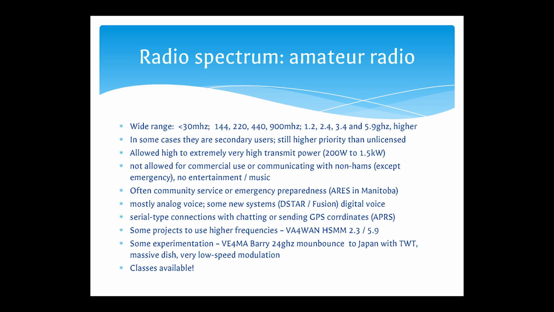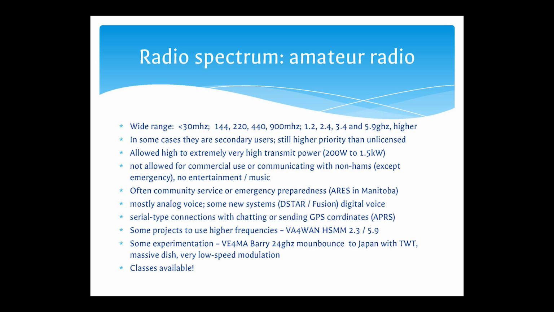Some projects, including the VA4 WAN I'm involved with, work to take commercial off-the-shelf Wi-Fi equipment at 2.4, 5.8 gigahertz and change them to work at 2.3 or 5.9 gigahertz to then do a citywide and later larger area amateur radio network that uses Ethernet protocols and tries to bring in more modern standards and more modern usage to some of these systems, which are pretty old-fashioned.